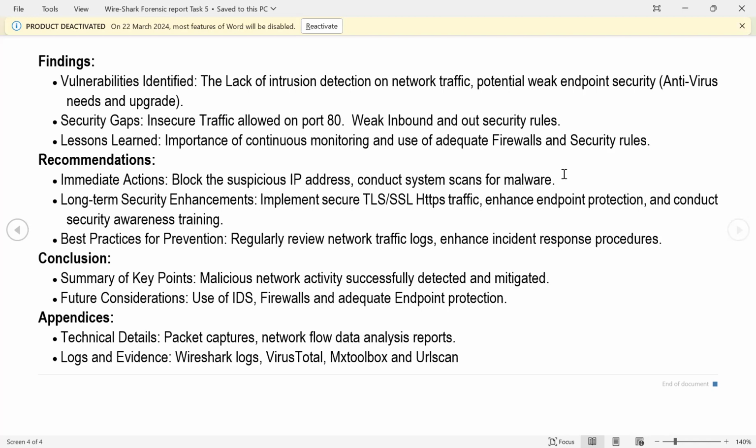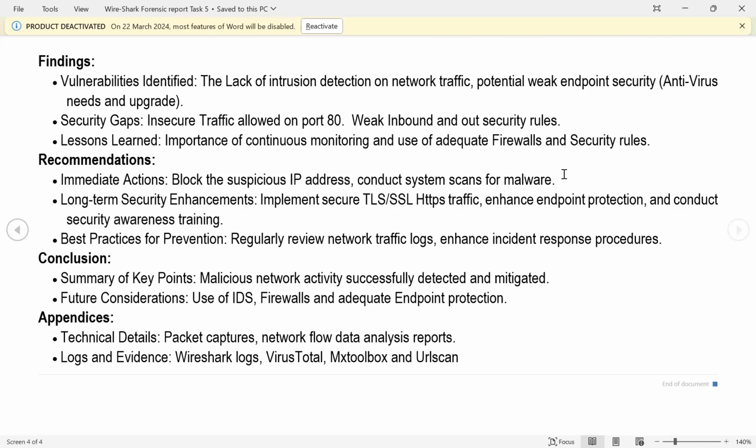So a long-term security enhancement plan is a good one to put in place. Okay, and it highlights what needs to be done: implement secure SSL, HTTPS traffic, enhance endpoint protection, and conduct security awareness training.